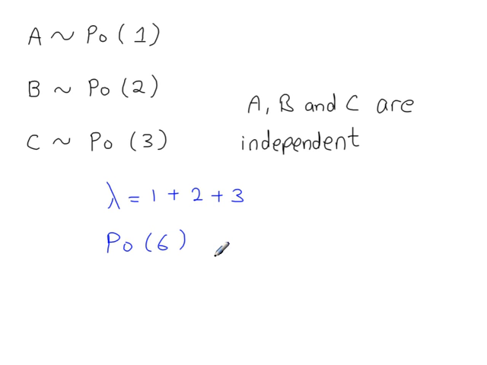Then the question might say, what's the probability that the total number of customers queued at all 3 restaurants, or takeaways, combined is at most 5. So the lambda value is 6, and we're looking for less than or equal to 5.